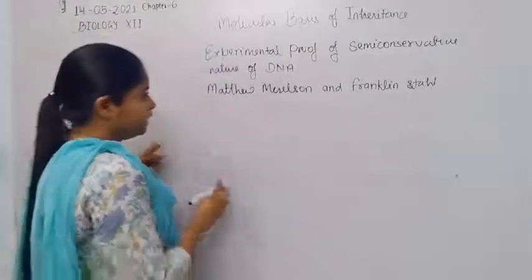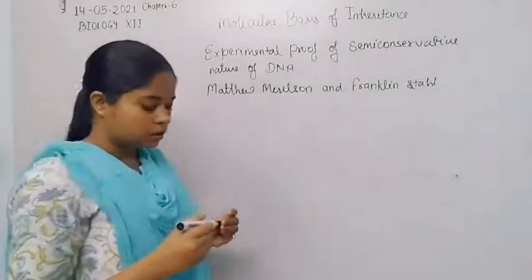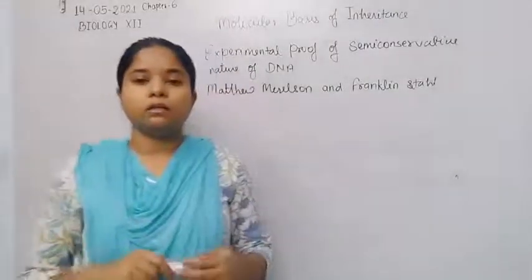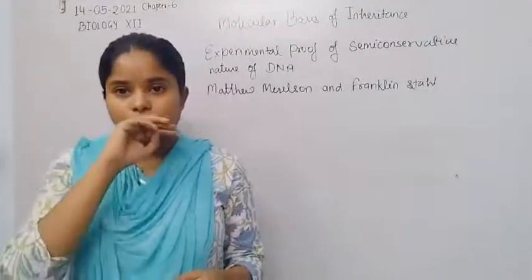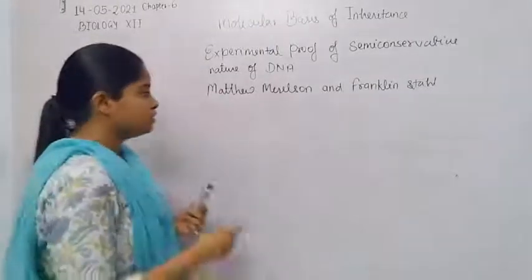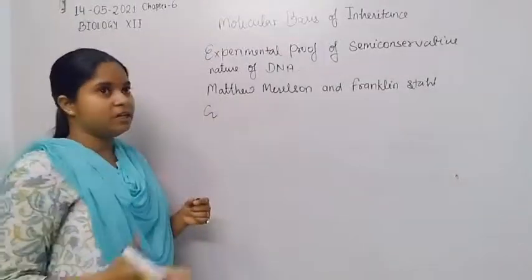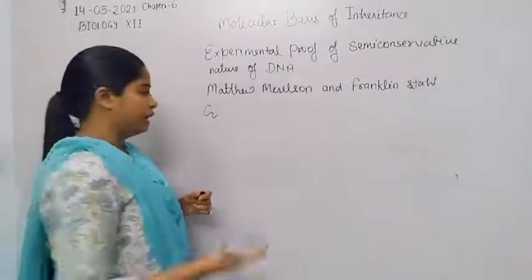First, they experimented on E. coli bacteria, because the DNA in E. coli bacteria is also a double helical structure. First, they grew the E. coli bacteria in heavy ammonium chloride.